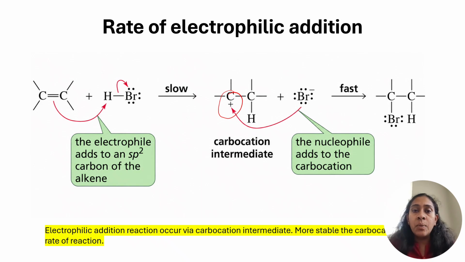As a result, formation of the more stable carbocation occurs more readily. This is also why carbocation stability is so important when deciding which orientation of addition will give the major product. So, whenever you try to analyze an electrophilic addition reaction, one of the first questions you should ask is, which possible pathway produces the more stable carbocation?